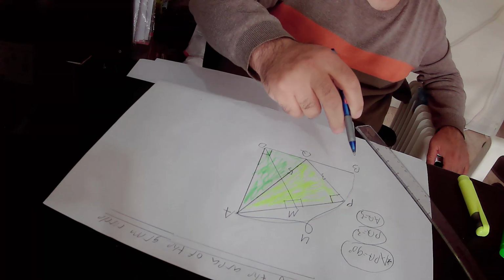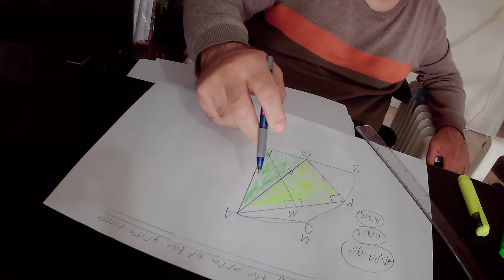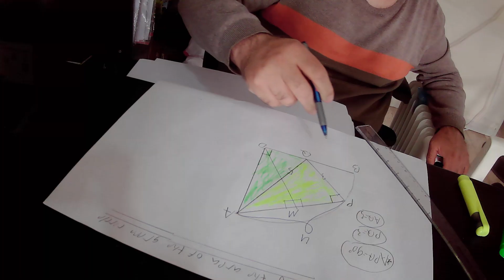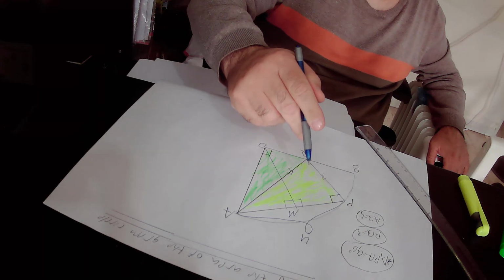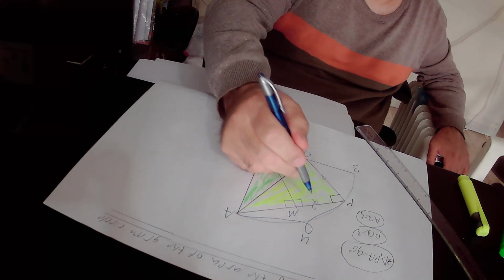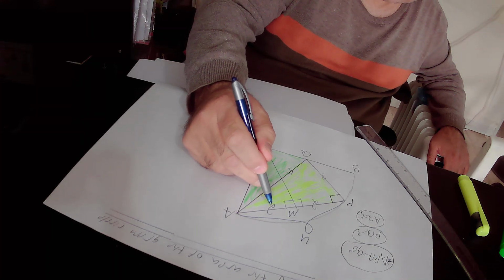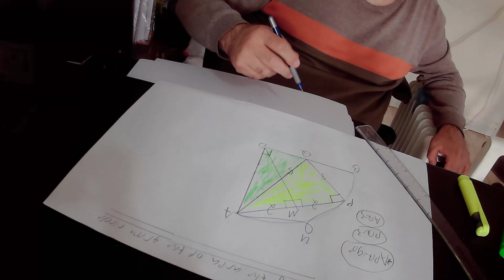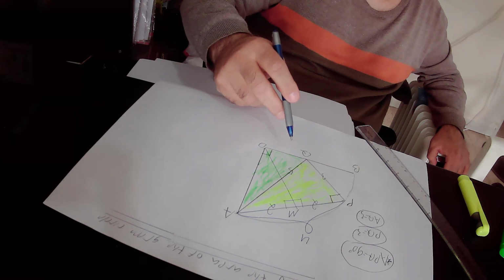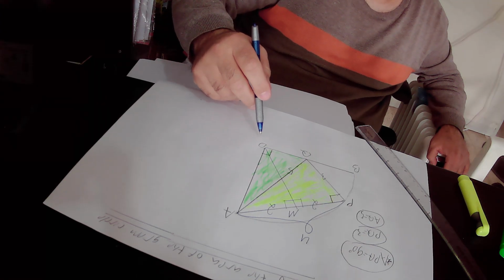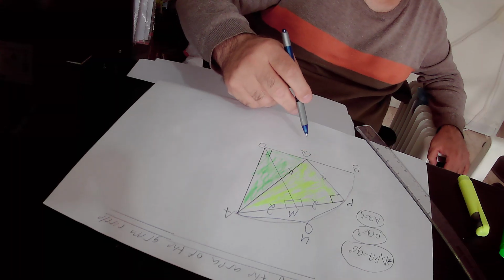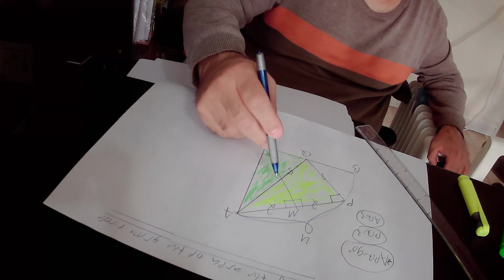And because PA equals 4 units, PM will be equal to 2 units, and the second half, MA, will also equal 2 units.